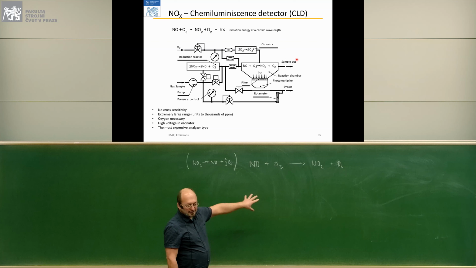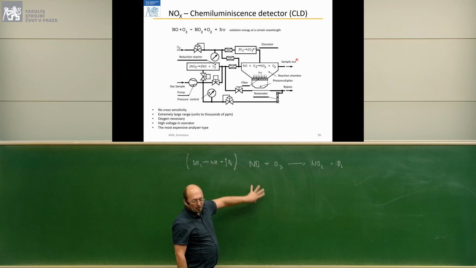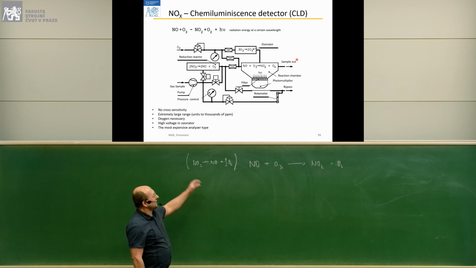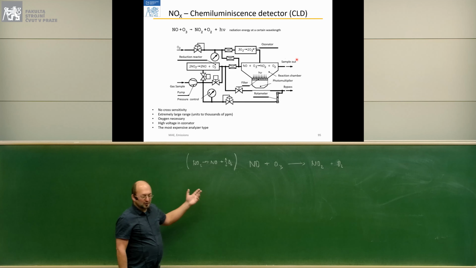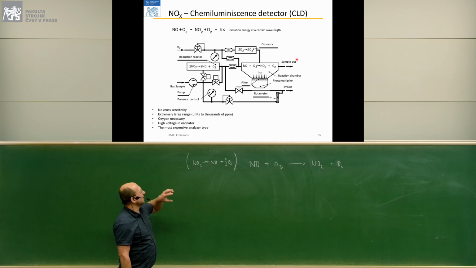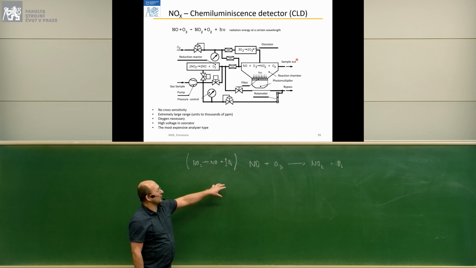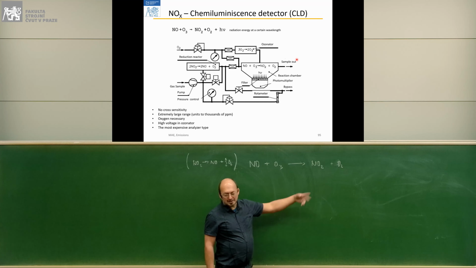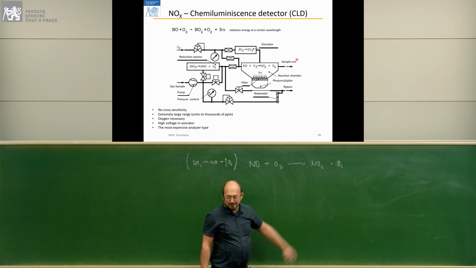So either you can measure NO or you can measure total nitrogen oxides. There are other types of catalytic converter that convert all reactive nitrogen species, including ammonia and NO2, into NO. And in that case, you measure what is referred to as NOy.